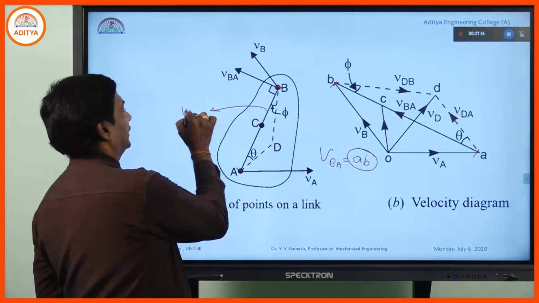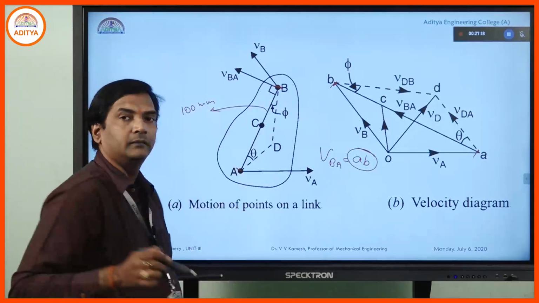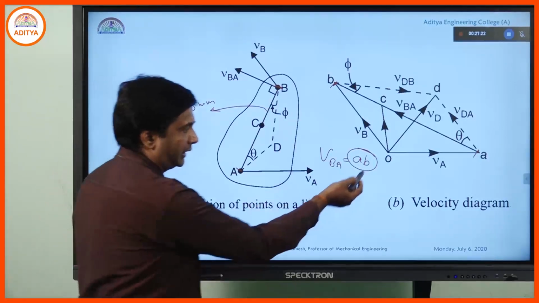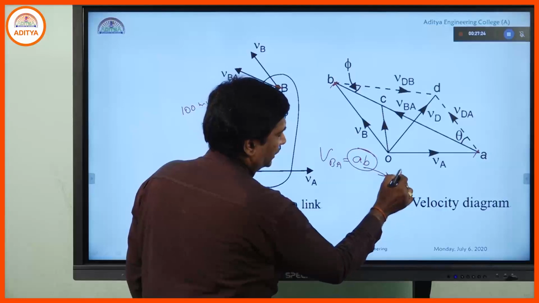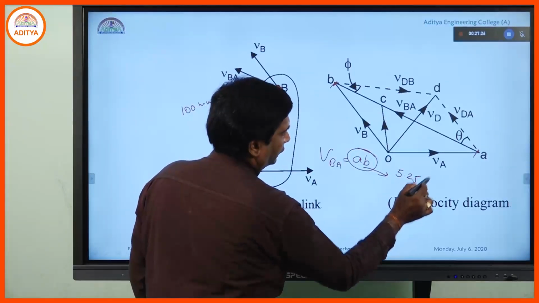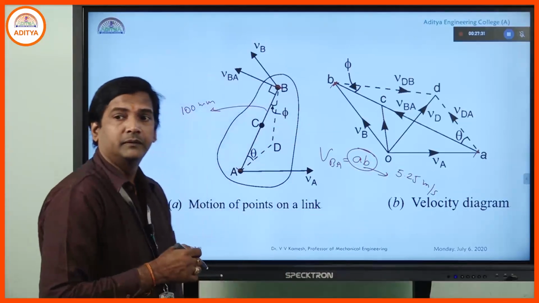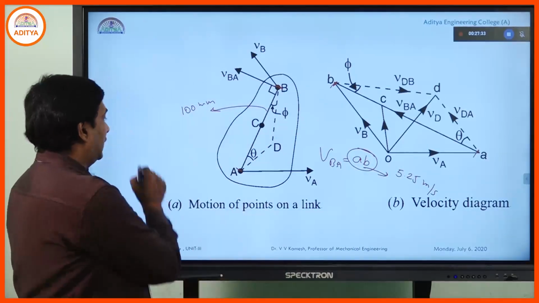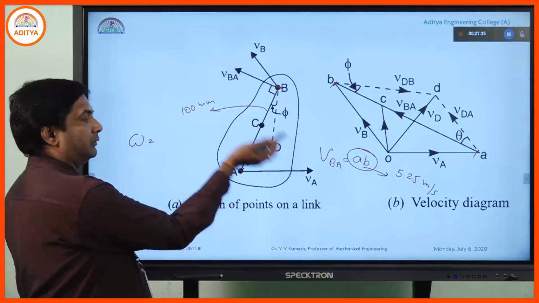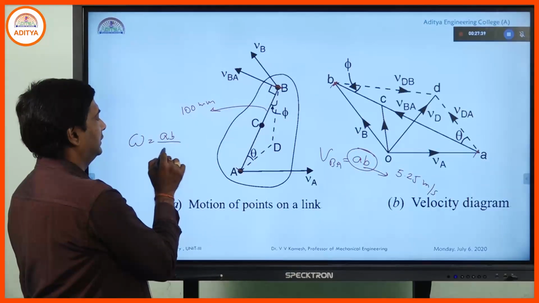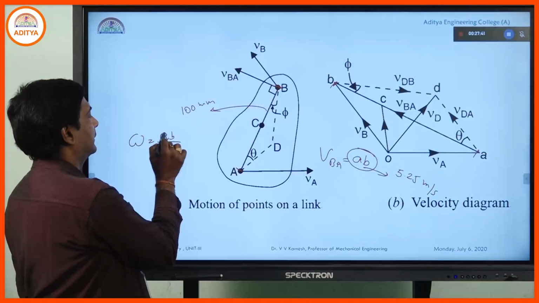It may be given as some 100 mm. Always we need to convert it into meters. Suppose on AB, after calculation, it was 5.25 meters per second. Let it be. How to get the angular velocity? Omega is equal to the velocity component divided by the length component. So the velocity AB divided by the length AB.